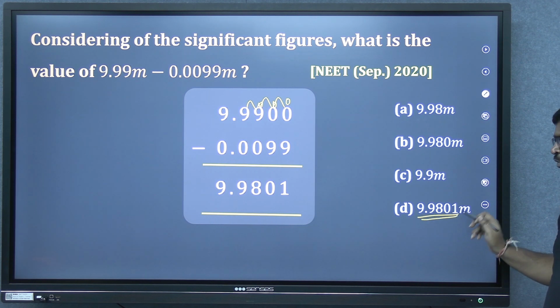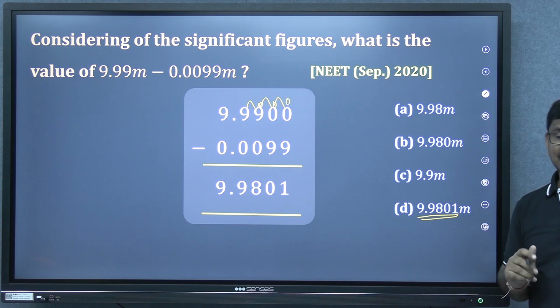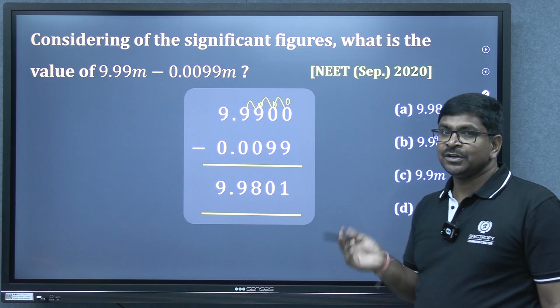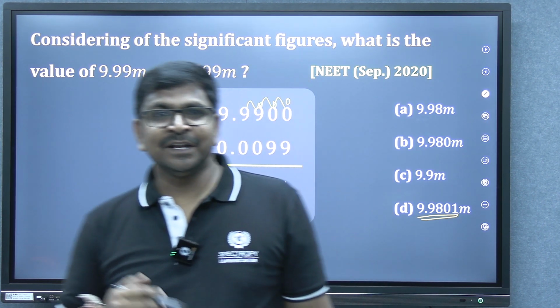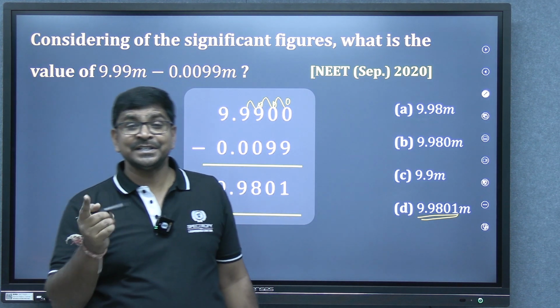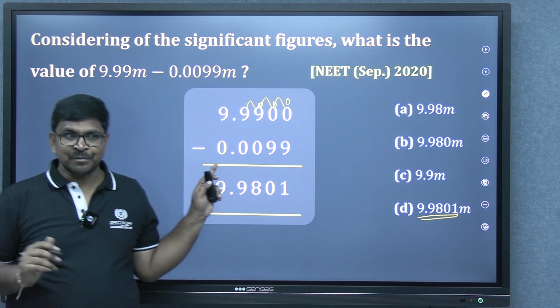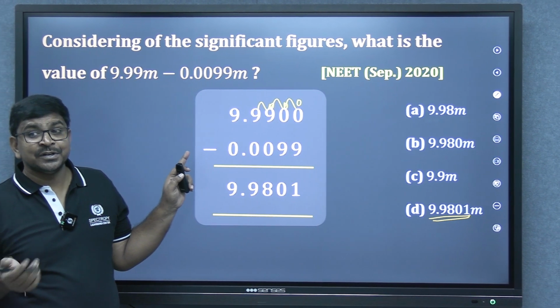I have this option readily available with me. Most of the students take this one only. But I hope you remember, in addition and subtraction, the result must follow the least decimal. And in multiplication and division, the result must follow the least significant figure. Here which operation is it? Subtraction. For subtraction, the rule is least decimal.